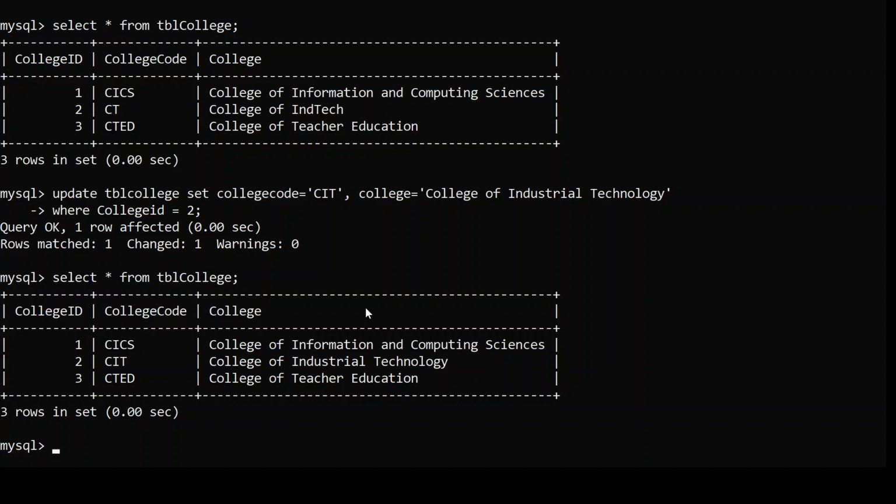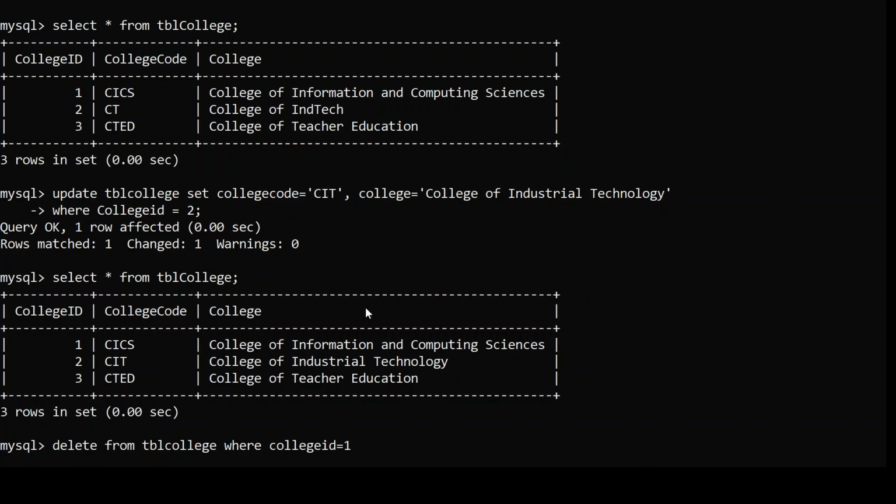Now how to delete a record? You need to use the delete statement, the delete command. Delete from TBL college where college ID equals 1.